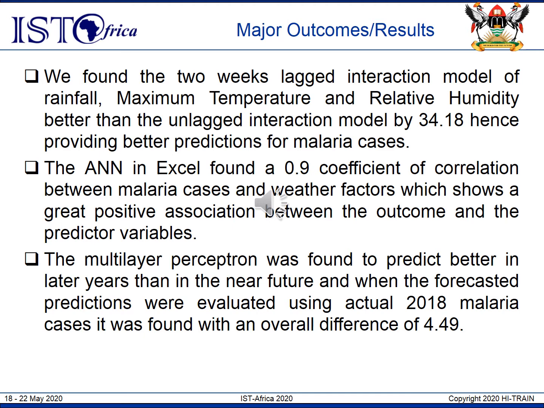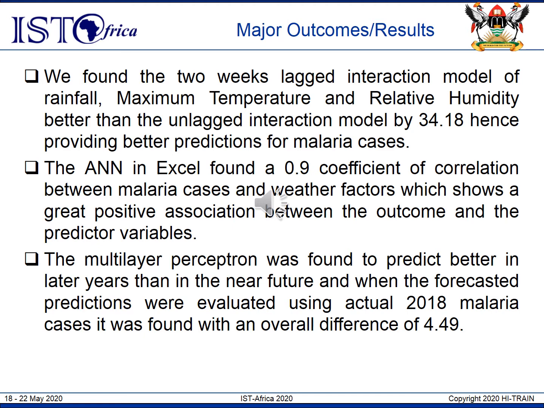We also found that our artificial neural network in Excel found a coefficient of correlation of 0.9, showing that malaria cases and weather factors have a great positive association, and therefore we can conclude that weather factors are a major contributory factor in malaria cases occurrence.